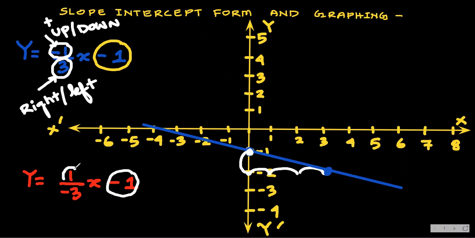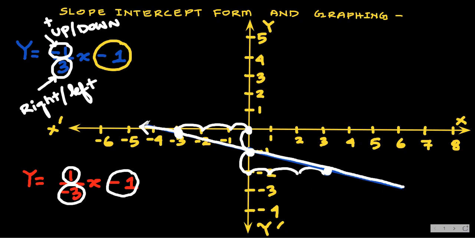Say this is +1, right? +1 means from this point, we need to go 1 unit up. And then it's -3. -3 means 3 units to the left, 1, 2, and 3. So this point. So you got 3 points to be joined, and you can get a more accurate line. So that's your line. Done.